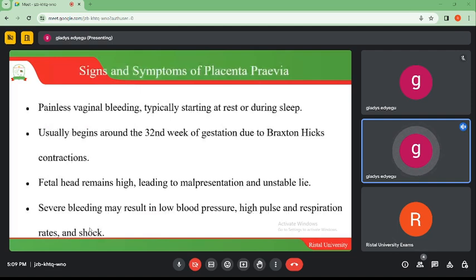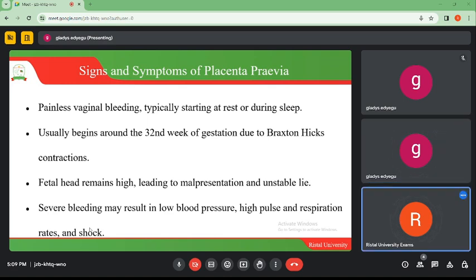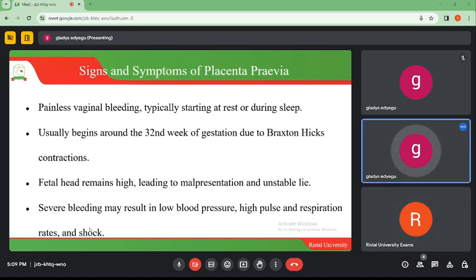Then what could be the signs and symptoms of placenta previa? When a mother comes to you, you can use different signs and symptoms to diagnose her as having placenta previa. One of the signs and symptoms is painless vaginal bleeding, typically starting at rest or during sleep.